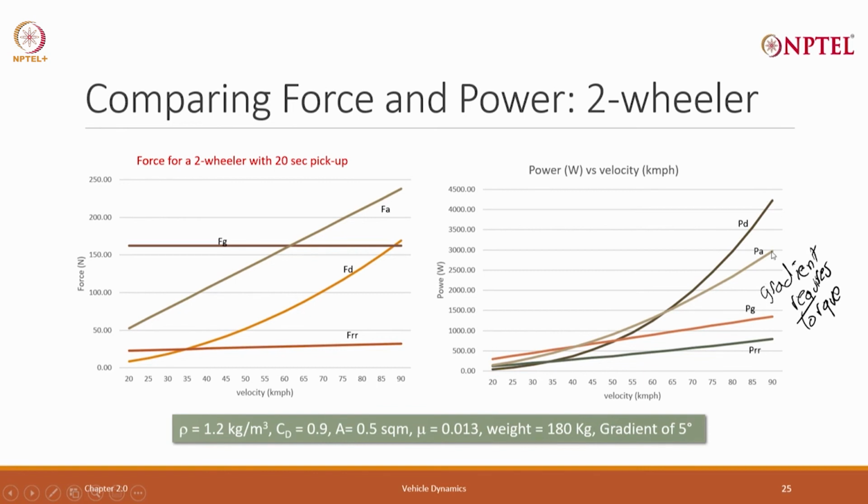I will require acceleration of approximately 3 kilowatt, and I will still require rolling resistance of approximately a kilowatt. So, I suddenly require about 8-9 kilowatt at 90 kilometer per hour. And if I want a little bit of acceleration to go up to that, 8-9 kilowatt will be required.